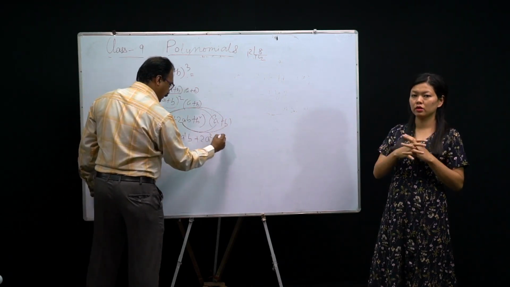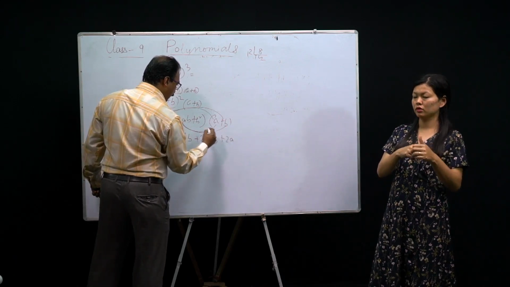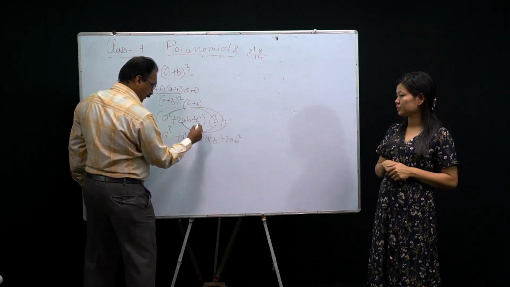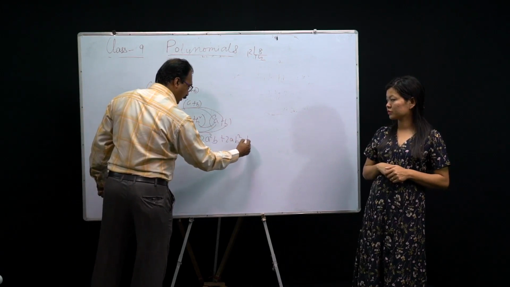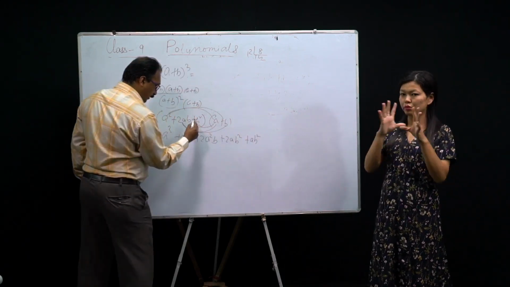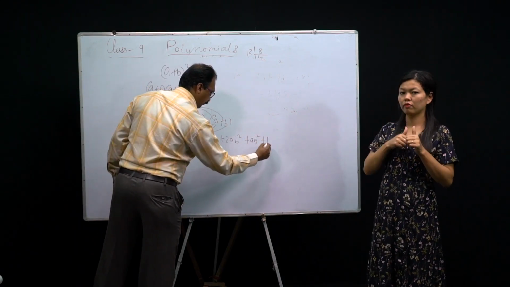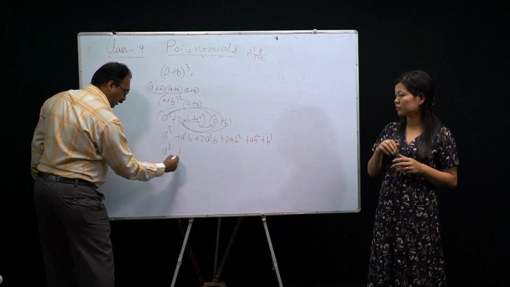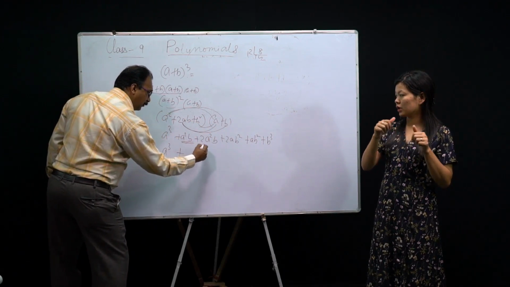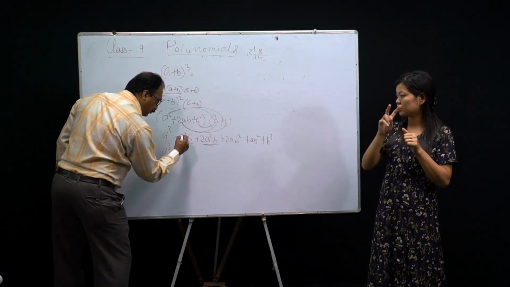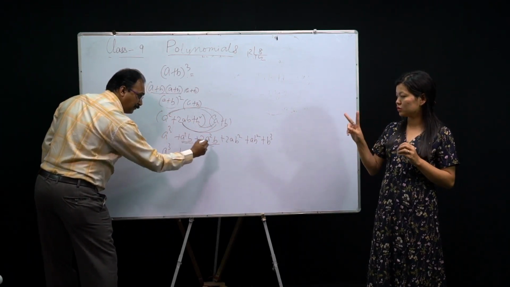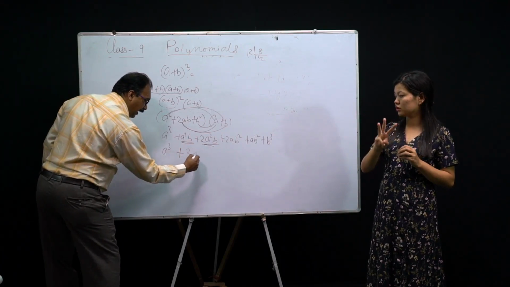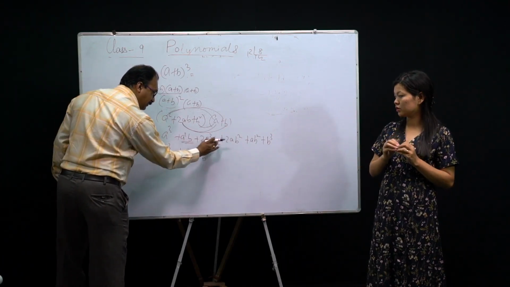Now this into this: 2ab into b, that means 2ab square. Now b square into a is ab square. b square into b is b cube. After that you look here: a cube plus a square b, a square b. It is 2 times, and it is 1 time. You can add them; we call them like terms. 3a square b. a square b is the same term, no?